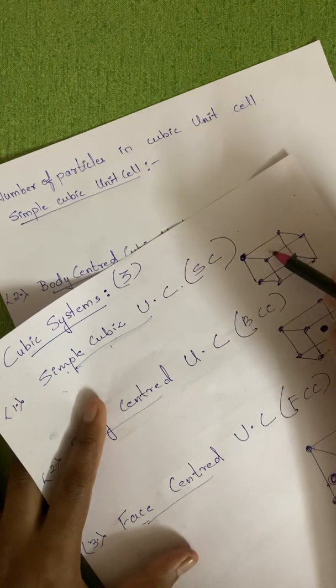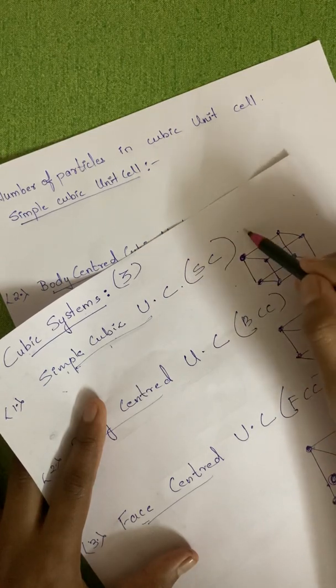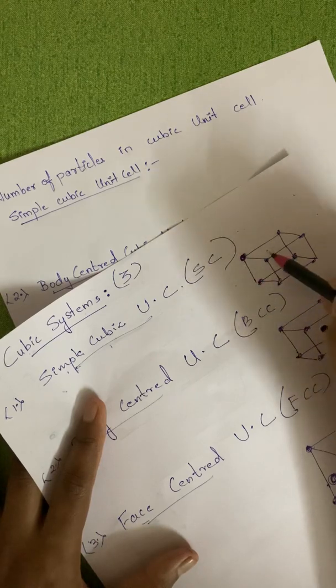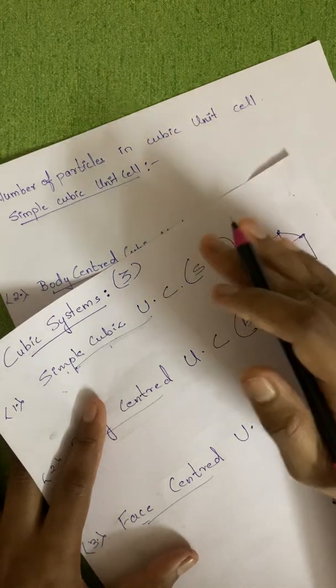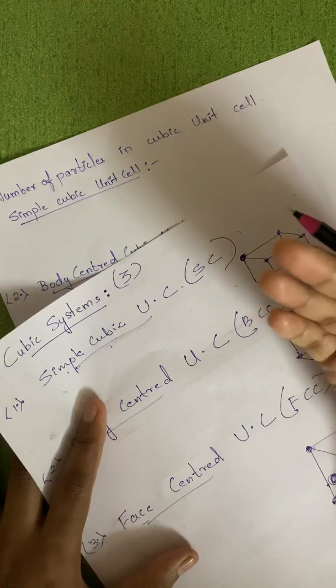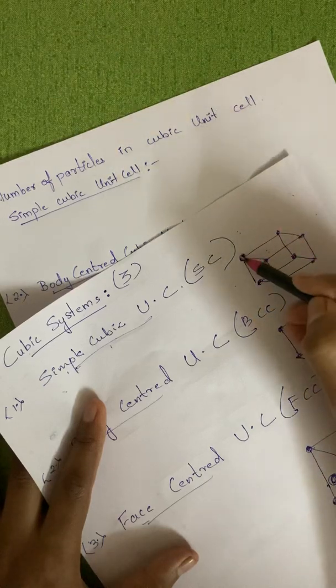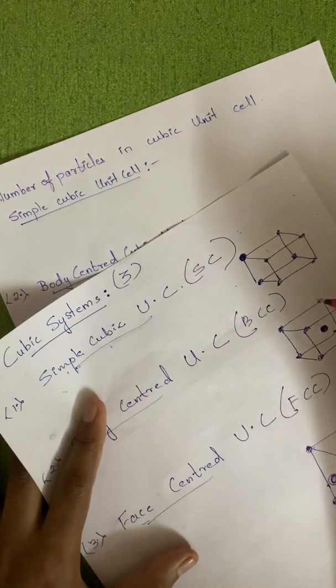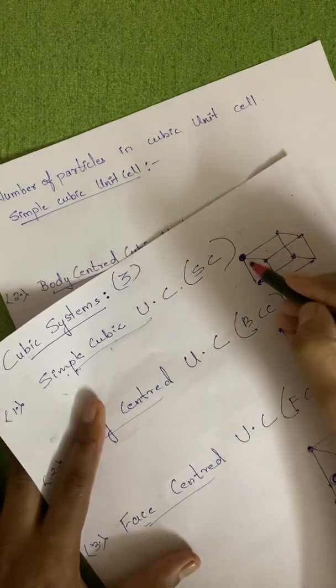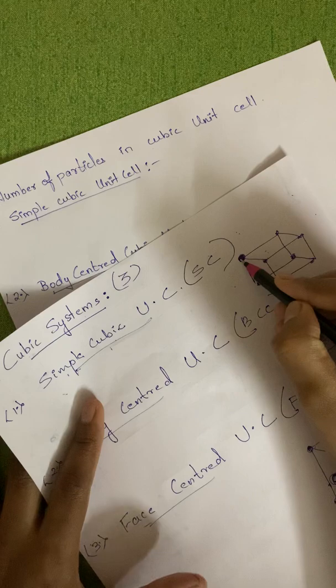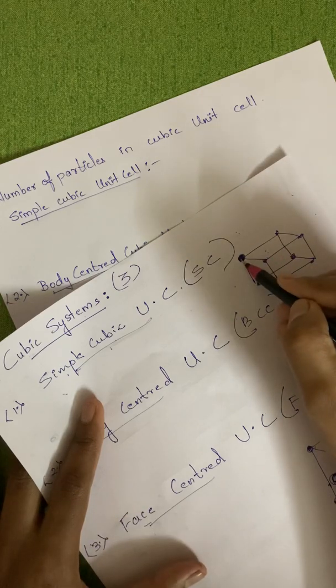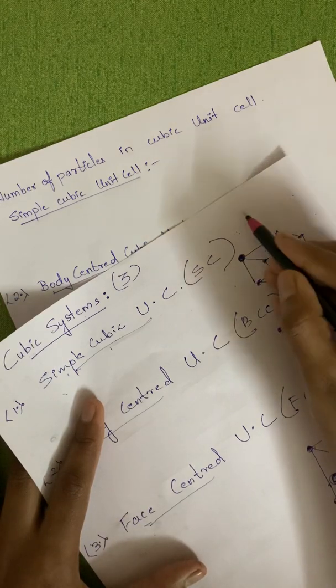Once again, 4 down and 4 more at the top. Then only this structure will be covered fully. Hopefully you understood.